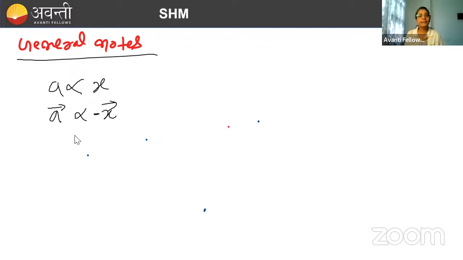Done. यानी कि magnitude should be directly proportional to x and direction should be opposite. Done. And it means displacement और acceleration का direction क्या होता है, हमेशा opposite होता है. So this is the basic rule for any body to follow the SHM.